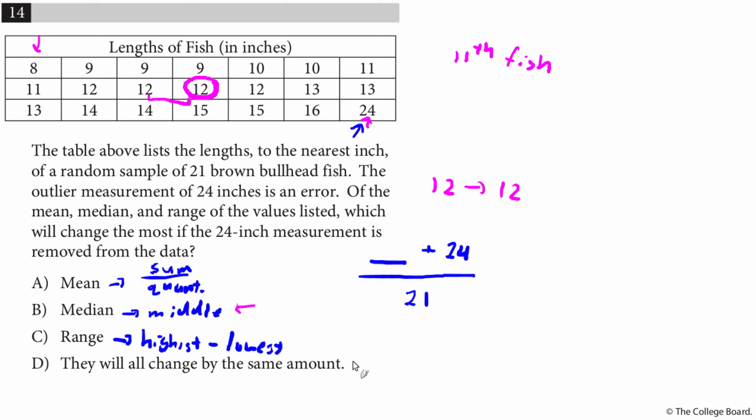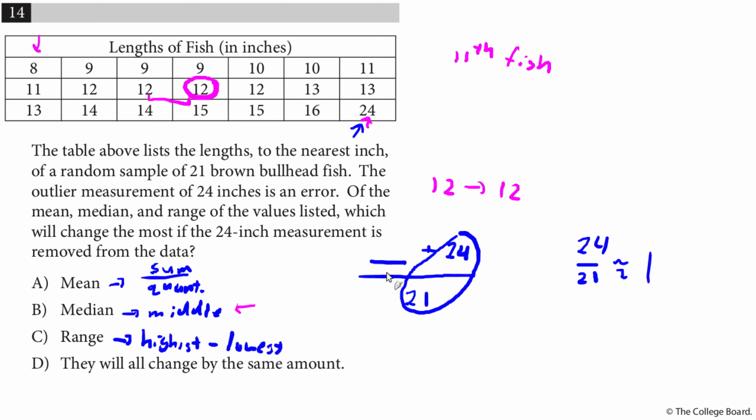And so if I were to get rid of the outlier, I'm not going to add them up and do the change. You could. But really this 24 is going to be divided by 21, and then added on to the rest.